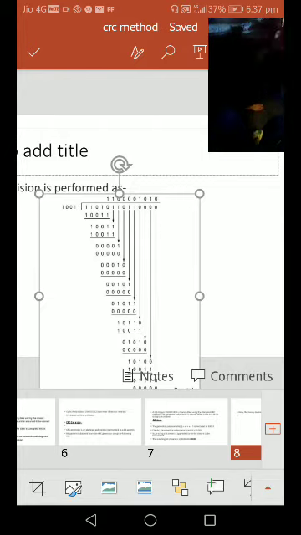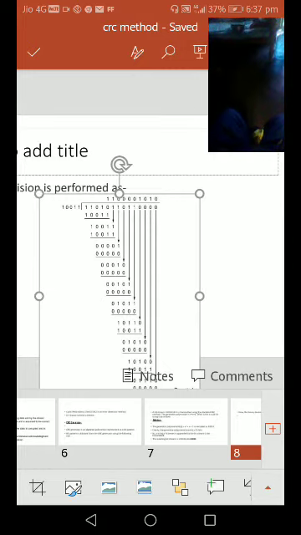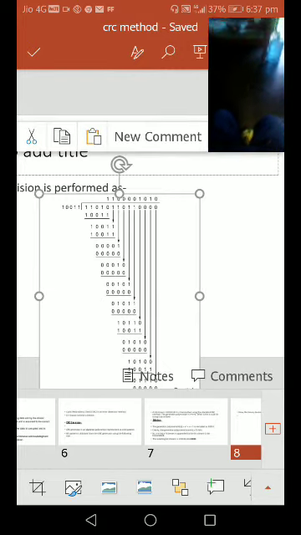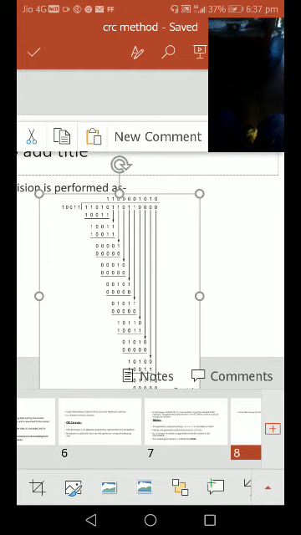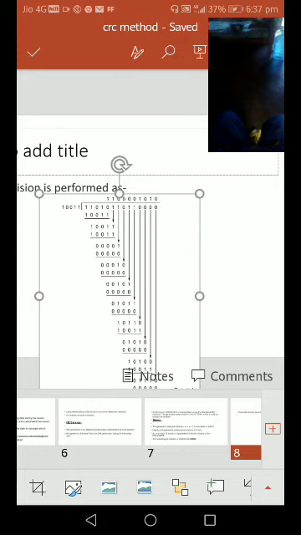Again the bit is 1, so the divisor goes again one time, taken as 10011. Then we again do the exclusive OR operation.